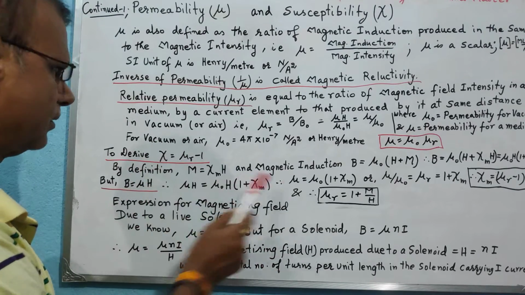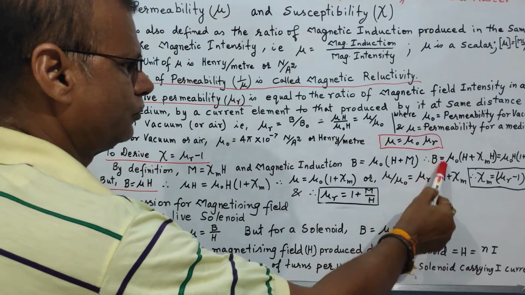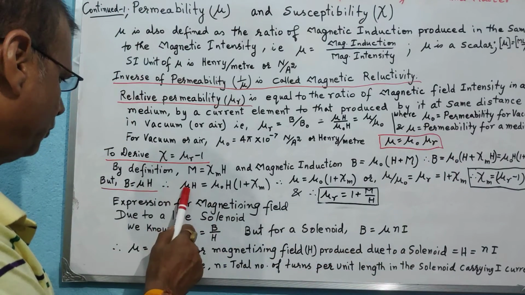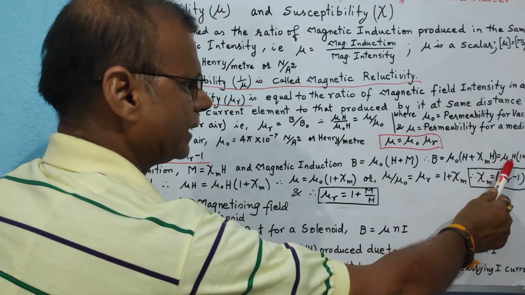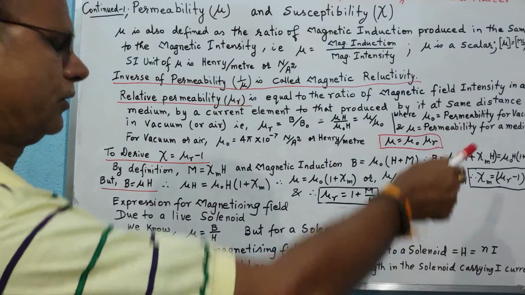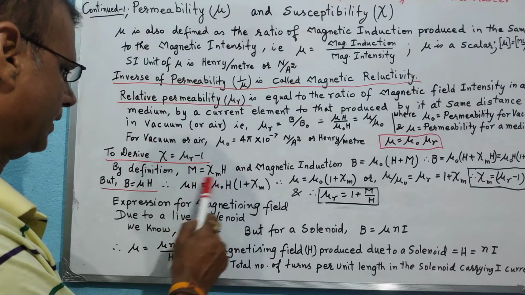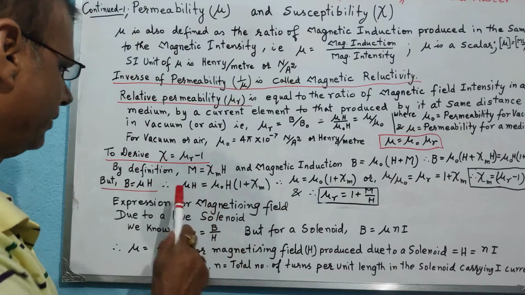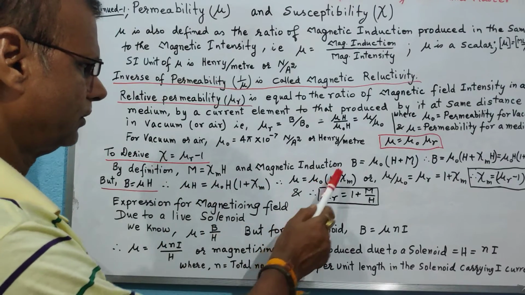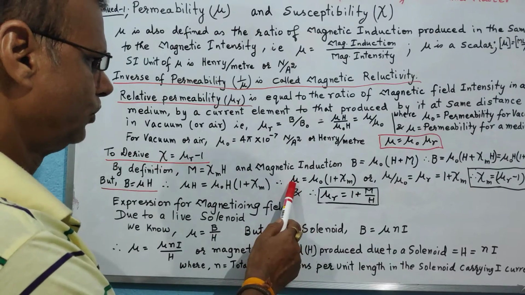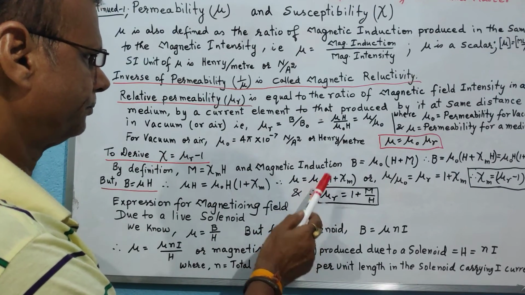So for B we can write mu H, and on the right hand side we already have mu 0 H (1 plus chi m). You see H cancels on both sides, so we have mu is equal to mu 0 (1 plus chi m).